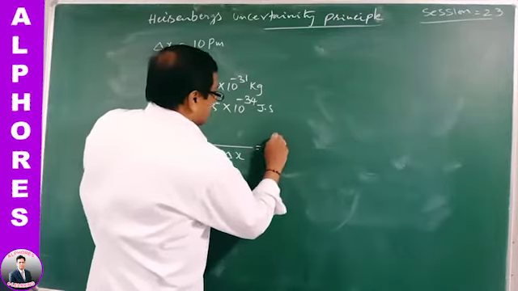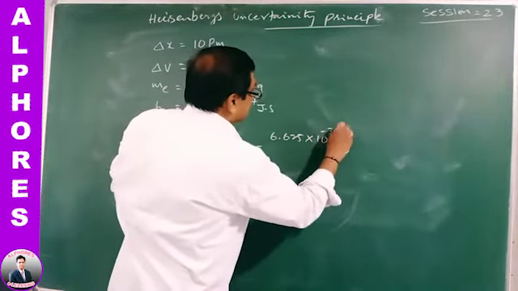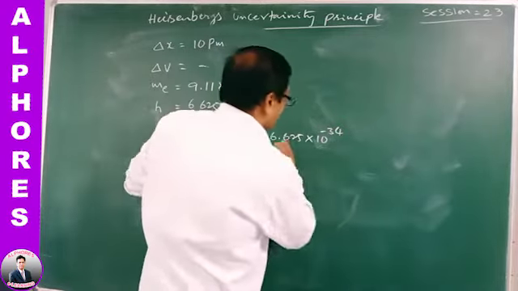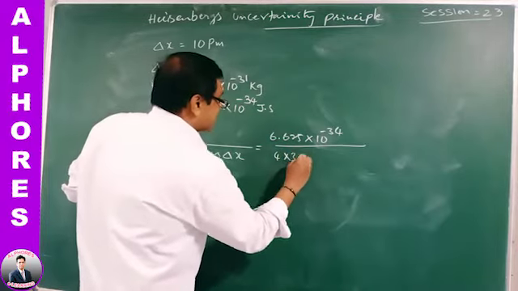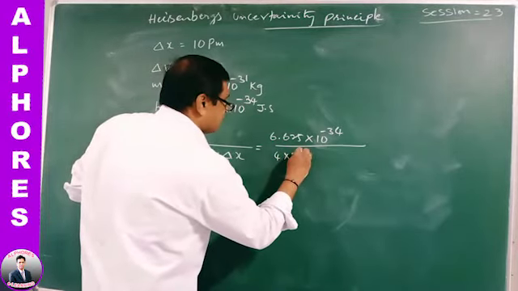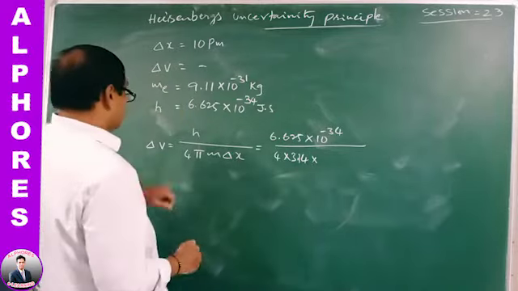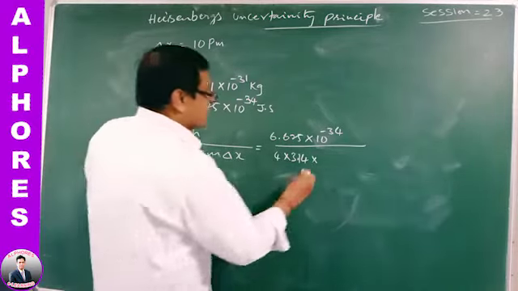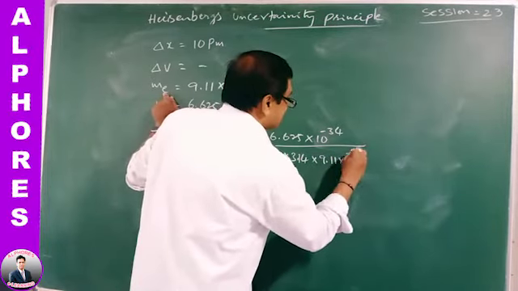Planck's constant value 6.625 into 10 to the power minus 34 joule seconds by 4 into 3.14, that is pi value 3.14, into mass of the particle. Mass of the electron is given, 9.11 into 10 to the power minus 31 kg.